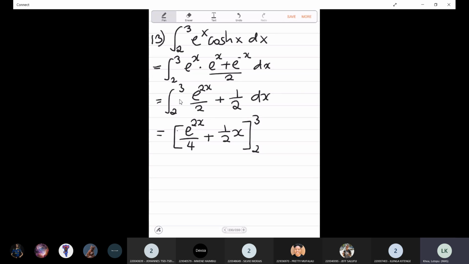Okay, then you substitute your values. This is e to the power of 6 over 4 plus 3 over 2 minus e to the power of 4 over 4 minus 1. Okay, and that you can just type in on your calculator. I got 87.708.